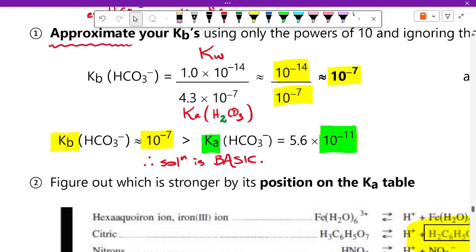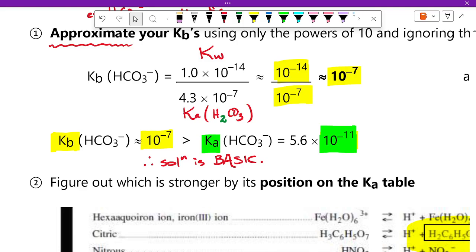HCO3 is basic. Its Kb is bigger than its Ka, because you're not comparing the Kb with the Ka of the conjugate acid.